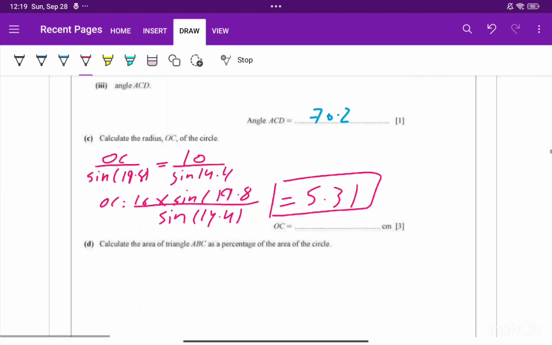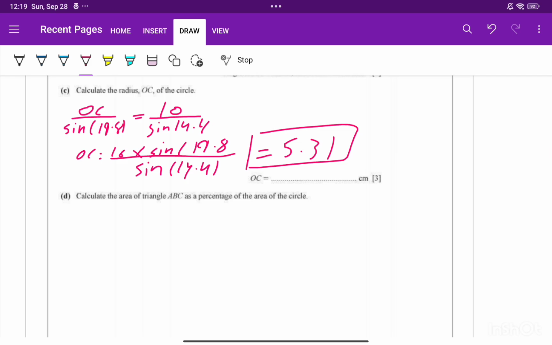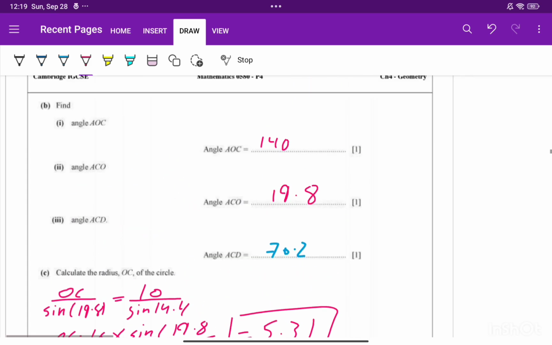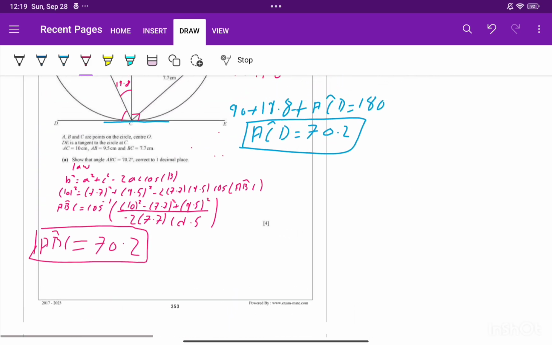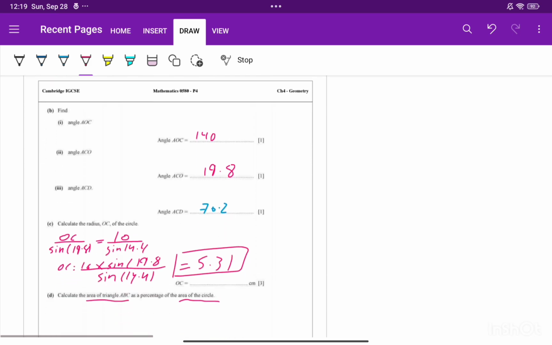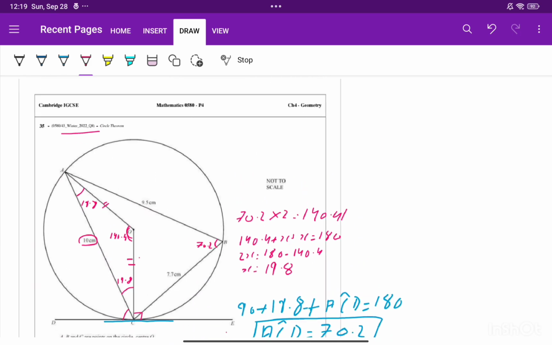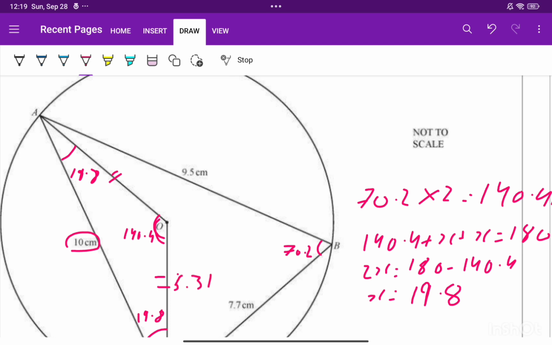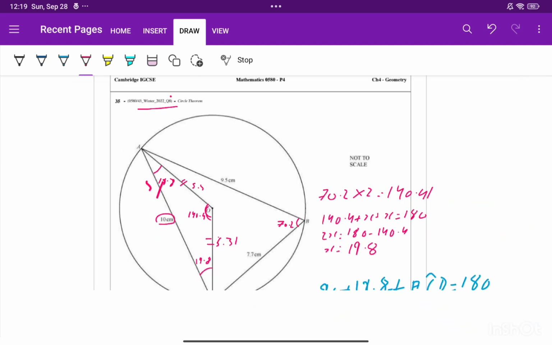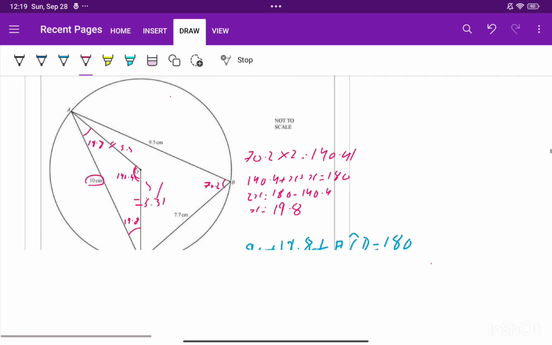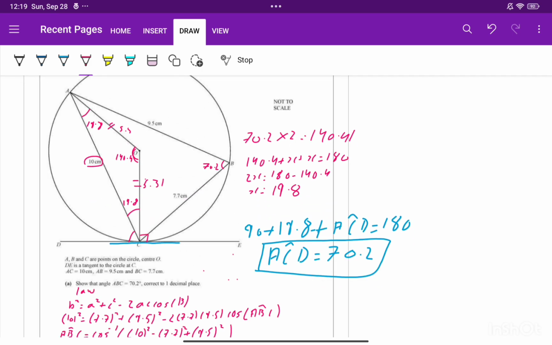This is our answer. Calculate the area of triangle ABC as a percentage of the area of the circle. Okay, first we will find the area of triangle ABC. What did we find for the radius? 5.31. We know angle ABC, which is 70.2, and we also know these two sides.